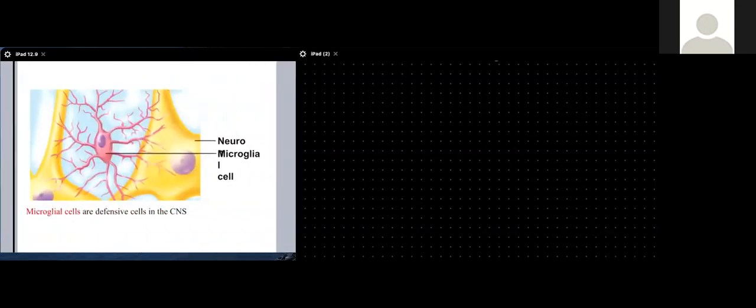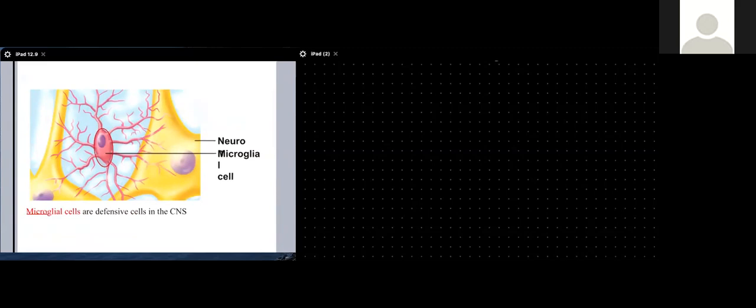Moving on to another neuroglial cell. This is my microglial cell. And as you see on here, the microglial cells are micro. They are smaller in size compared to the nerve cell. That's why we call them microglial cells.